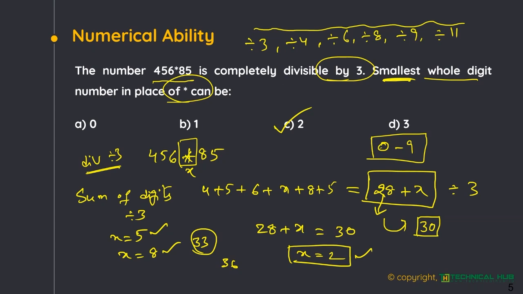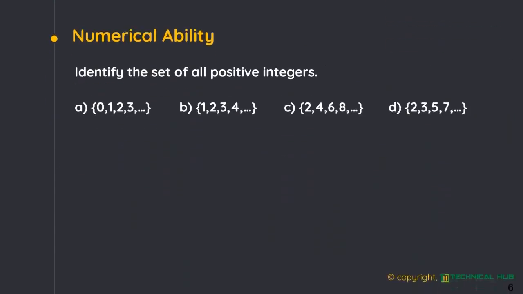Very simple question. Identify the set of all positive integers. First of all, I will tell you what are integers, what are positive integers, and what are negative integers, so that you can learn more things in this.